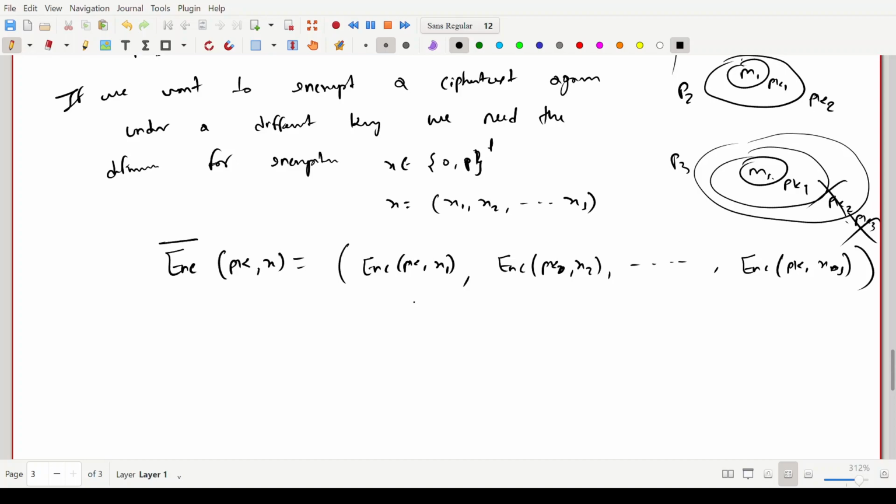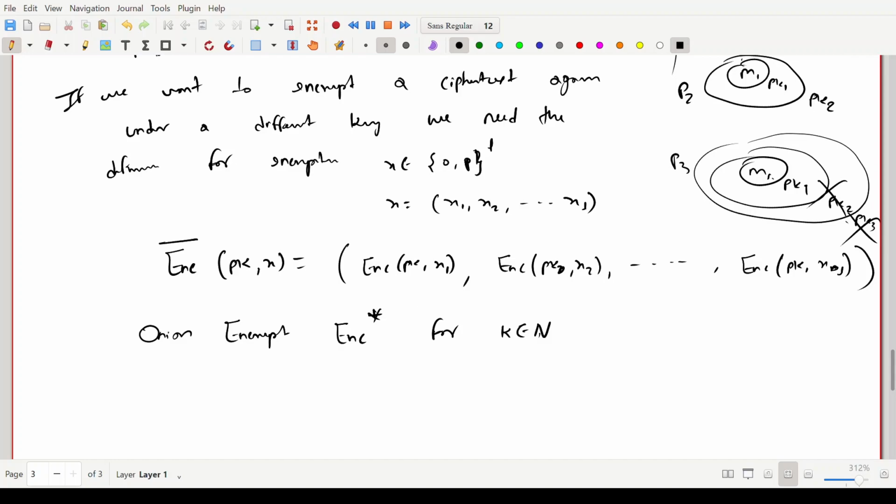Now what is the onion encryption? Let me just define onion encryption. I'm going to represent it as encryption star. Okay, for any key belonging to the natural numbers, there are n parties, so I'm taking any party and trying to see what happens.